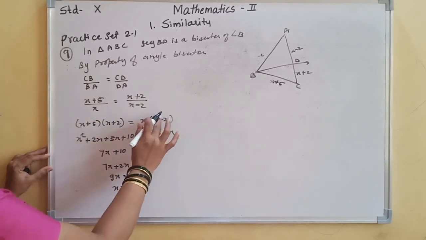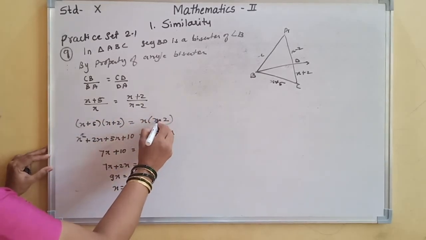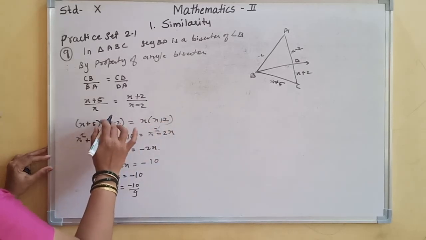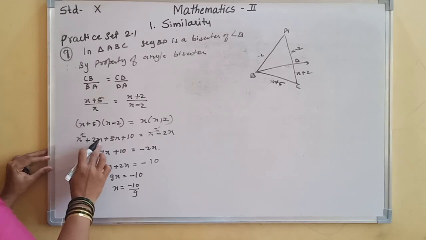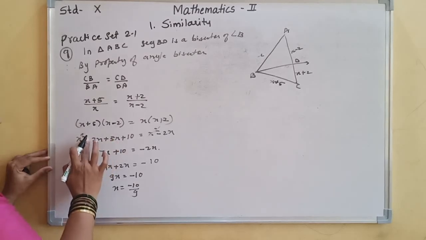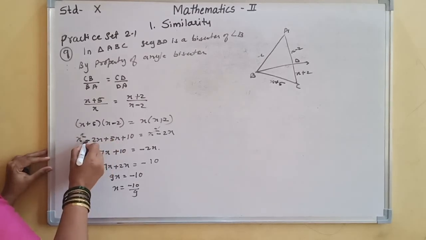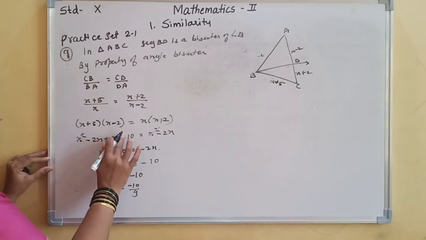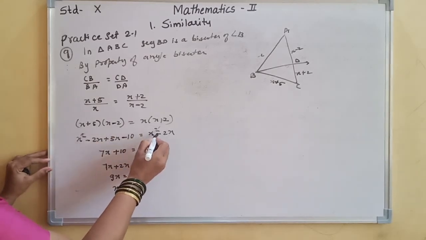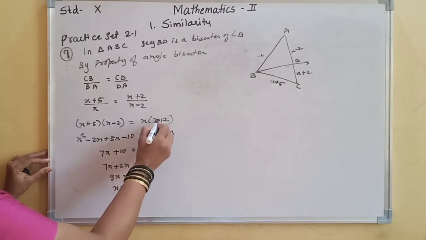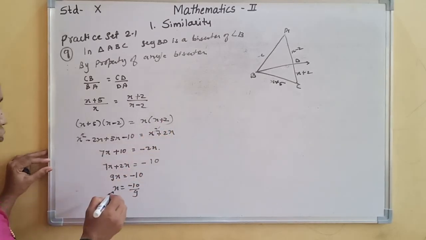So it is x plus 2 and here it is minus, means it will be x square plus, here it is minus 2x plus 5x minus 10, x square plus 2x.